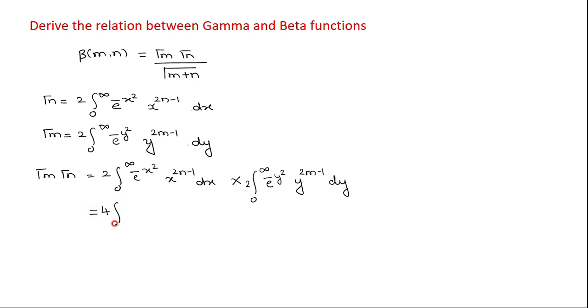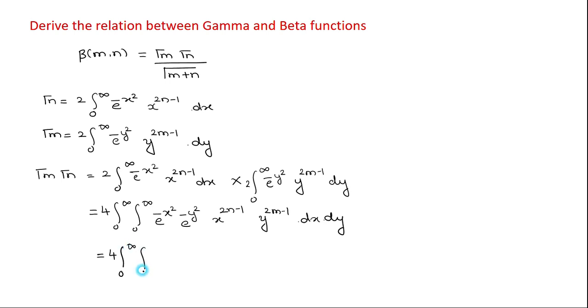Combining these two, it's 4 times integral 0 to infinity, integral 0 to infinity e raised to minus x square, e raised to minus y square, x raised to 2n minus 1, y raised to 2m minus 1 dx dy. So adding the powers of e, it's e raised to minus of x square plus y square, x raised to 2n minus 1, y raised to 2m minus 1 dx dy.